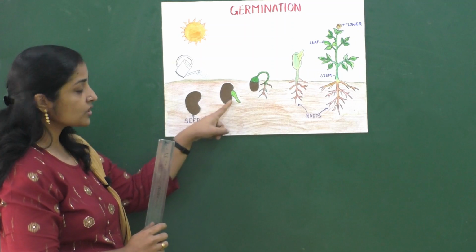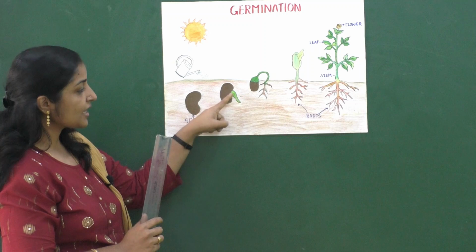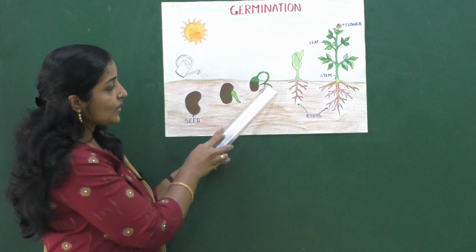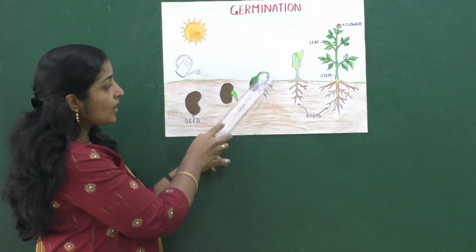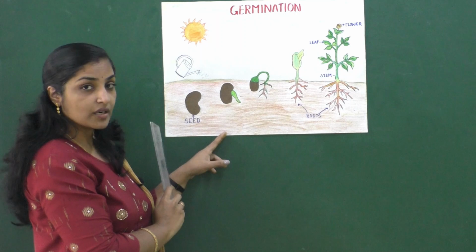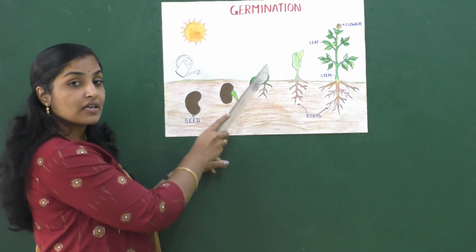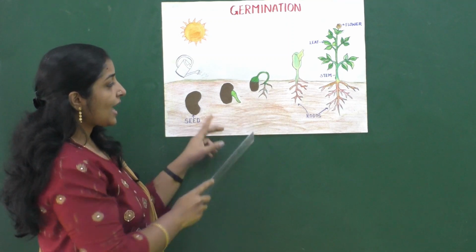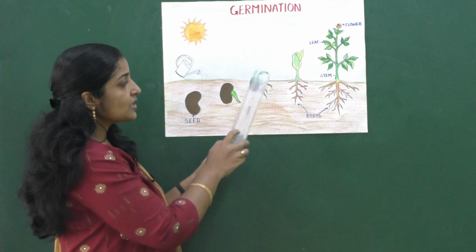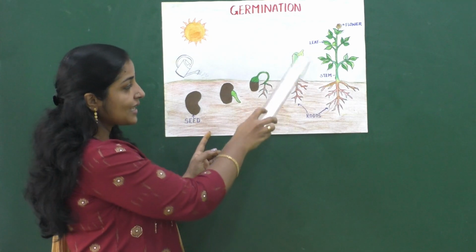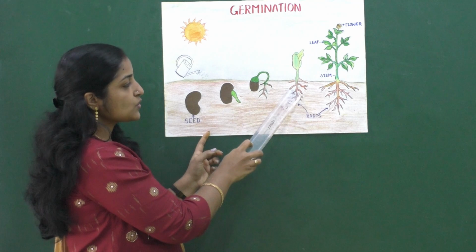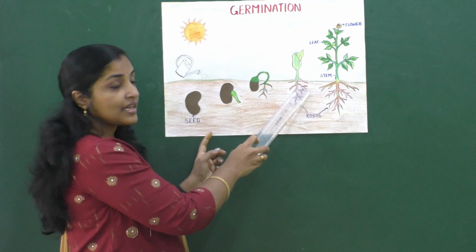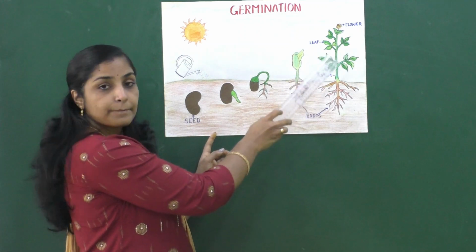And then you can see a shoot part which is growing upward. The shoot grows upward and the root grows downward. And then this converts into a seedling, and this seedling finally converts into a plant.